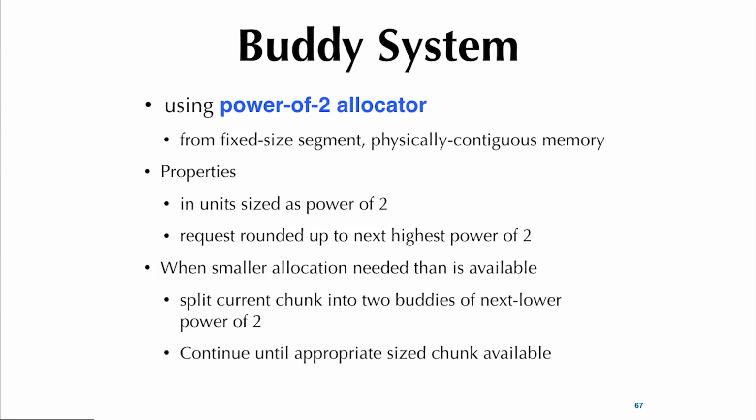So you allocate a chunk of 32, which is a power of 2. It does this kind of rounding up to the next power of 2. And so it keeps splitting the current chunk into buddies, and you continue until an appropriately sized chunk is available. That's how it works.